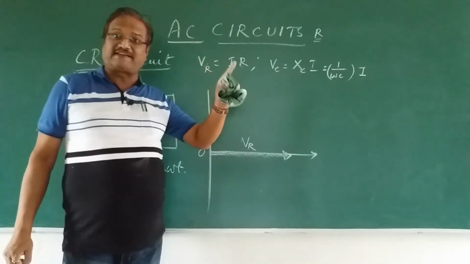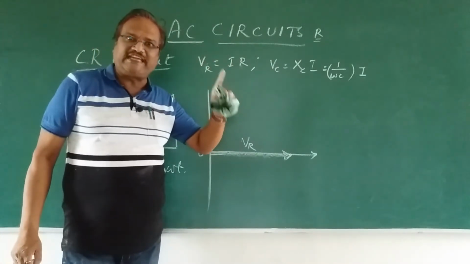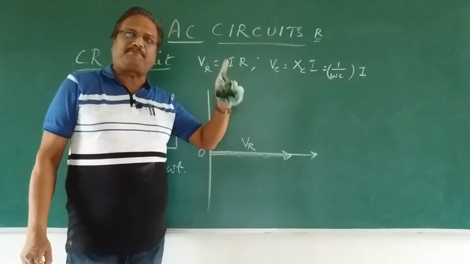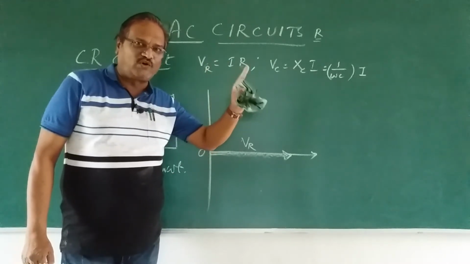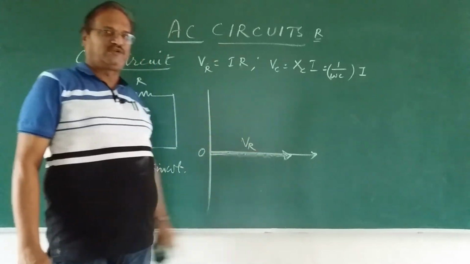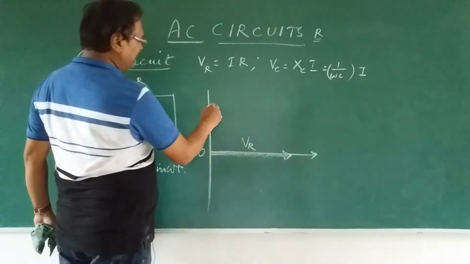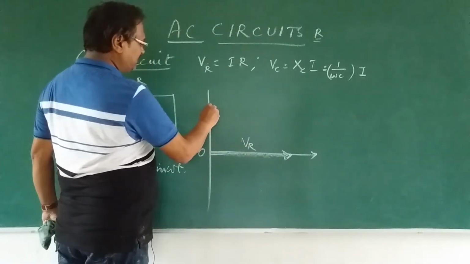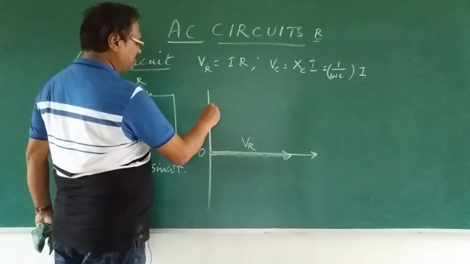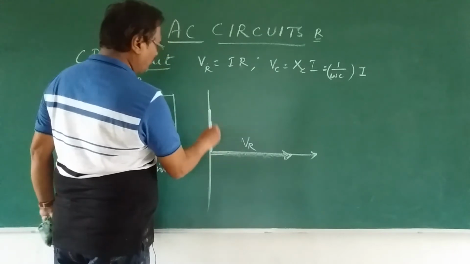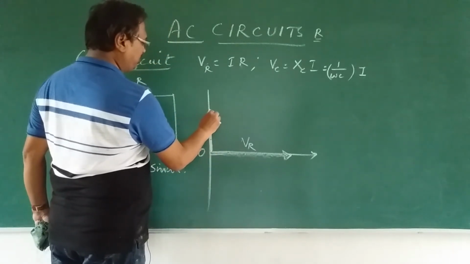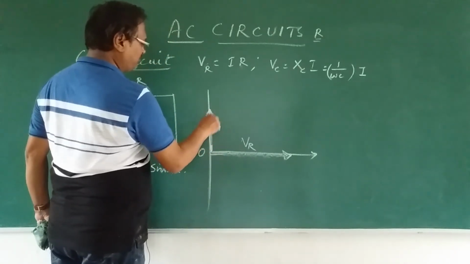In a capacitor, current leads voltage by pi by 2, so I am going to draw on the other side, and this represents VC.